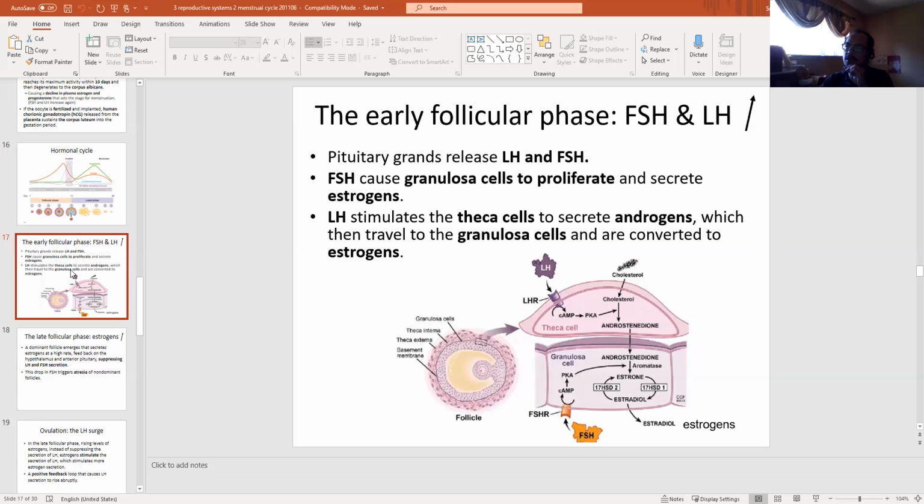In the early follicular phase, we have the increase of FSH and LH. FSH acts on the granulosa cells to make them proliferate, and the LH acts on the theca cells to produce the androgen, androstenedione.